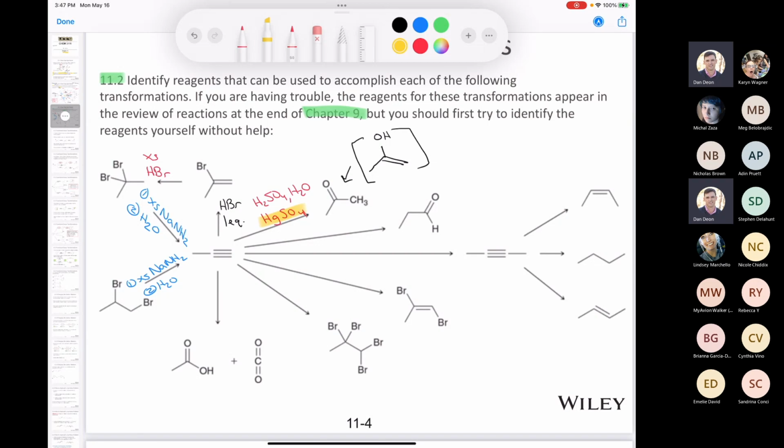Now the next one is an anti-Markovnikov addition of water across the triple bond, which gives you a different enol, where you have the hydroxyl over here, and then that undergoes tautomerization to give you an aldehyde. In this case, it's just like the anti-Markovnikov addition across a double bond. We need to employ boron.